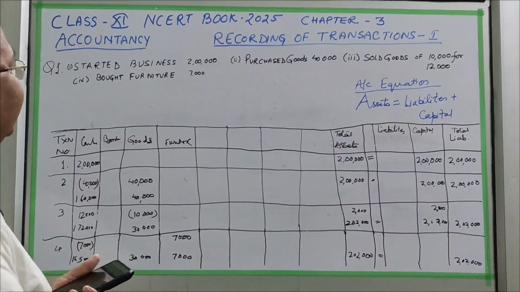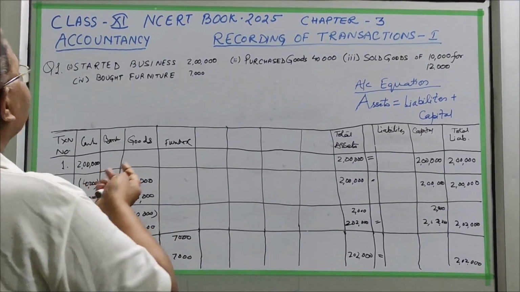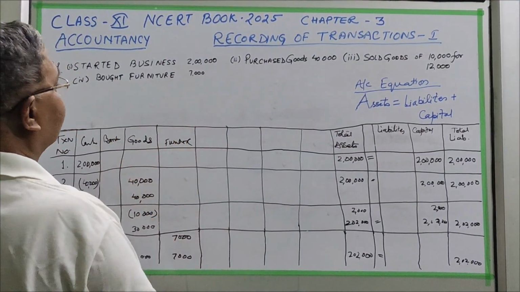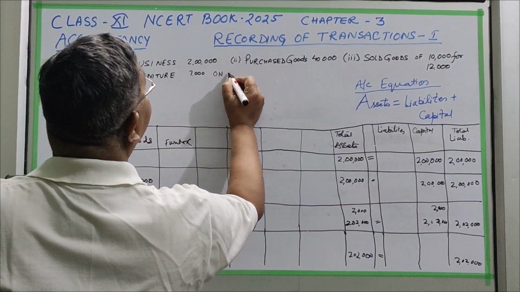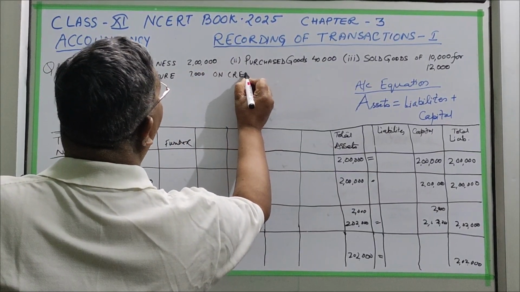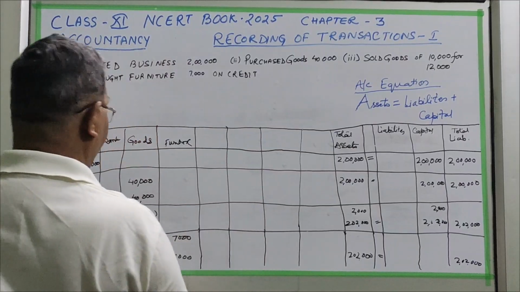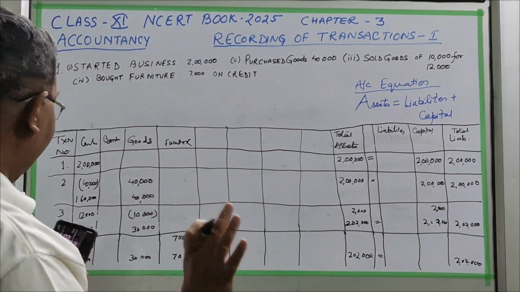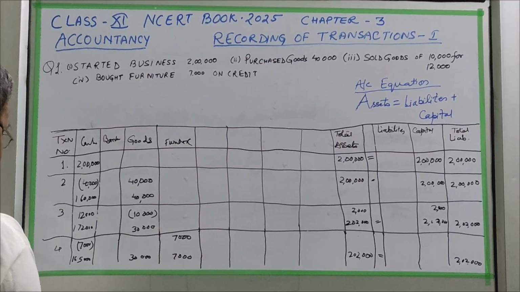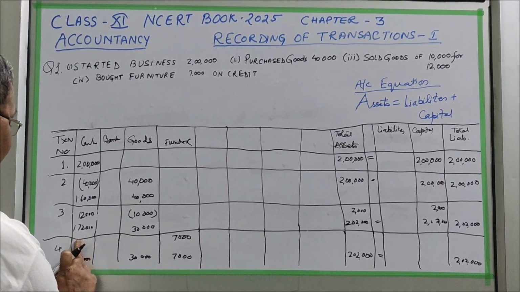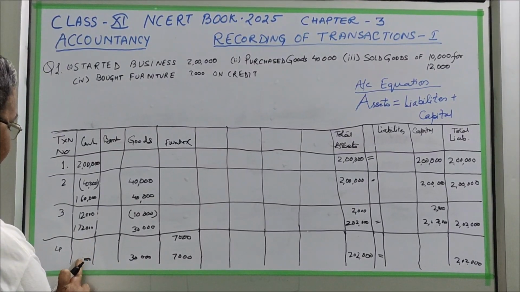Now suppose here we want to make a change. Instead of buying furniture for 7,000, we bought this furniture on credit. Credit means you have not paid any cash for it. If you have not paid any cash, it means no cash entry will be here.